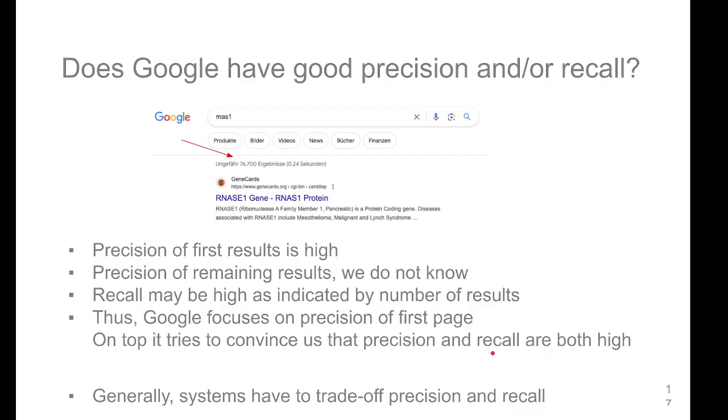And you can imagine how poor things get as you're hitting the 1 millionth item. So in that sense, Google is really a funny beast in that its precision on the first page is really high. The recall we cannot really assess, but by telling us about the total amount of search results it found, it's kind of leading us to think that recall is also high.